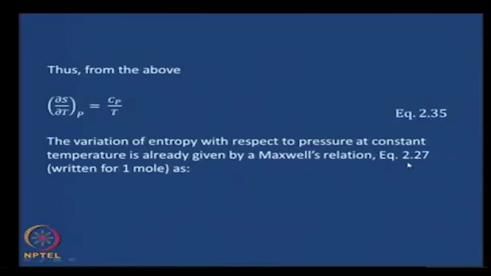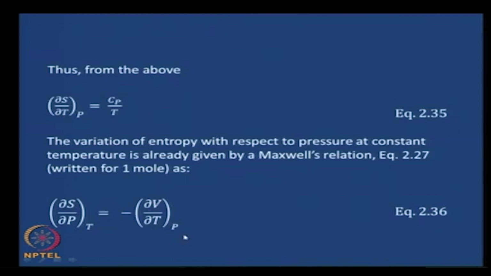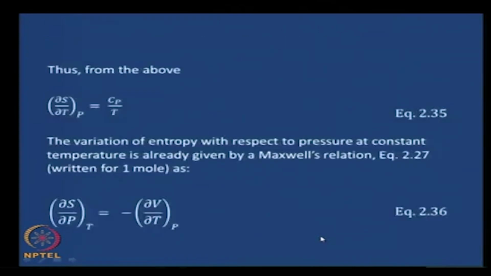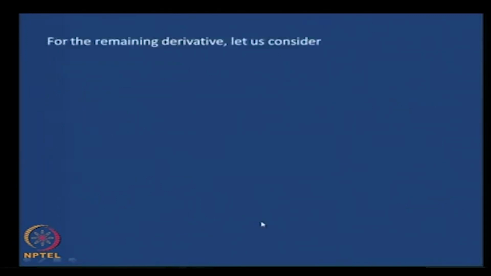You can go back and look at that. Actually equation 227 written for 1 mole was ∂S/∂P at constant T equals minus ∂V/∂T at constant P. Let us call this equation 236, and therefore that takes care of 3 different parts of the question. There is one more part that is remaining.